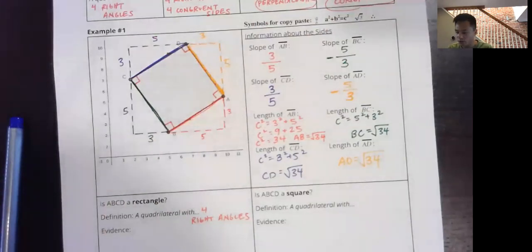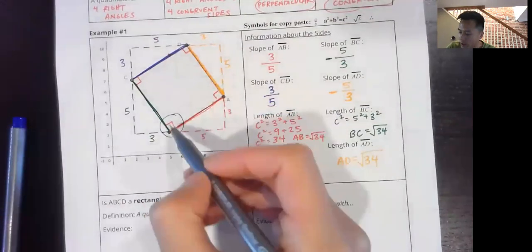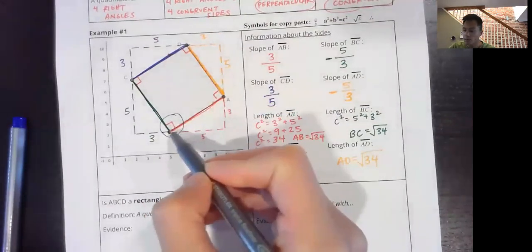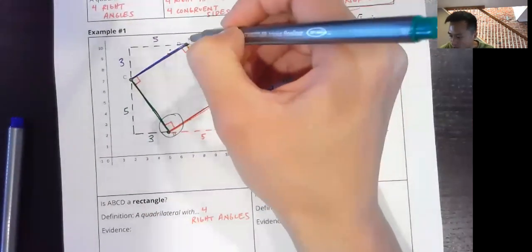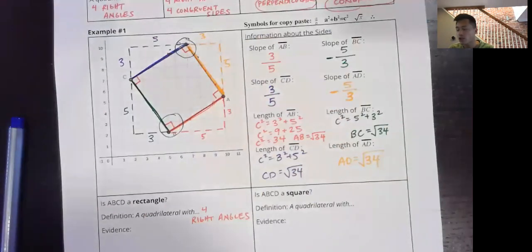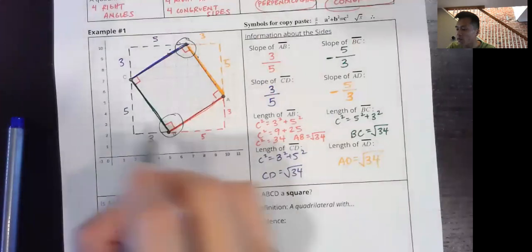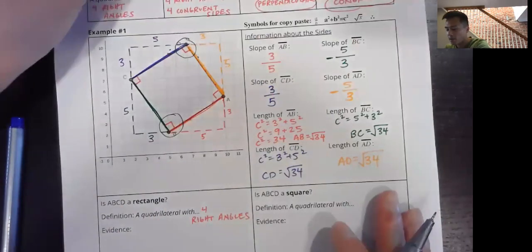If you can prove that these two sides form a right angle and are perpendicular, and I can prove that these two sides in this opposite corner form that right angle, that's actually enough to prove that all of the angles are right angles. Let's do that.